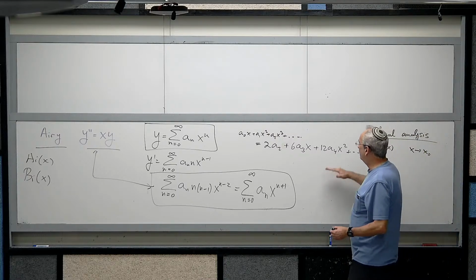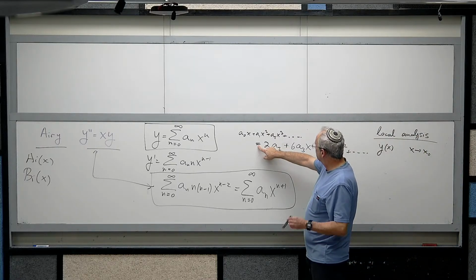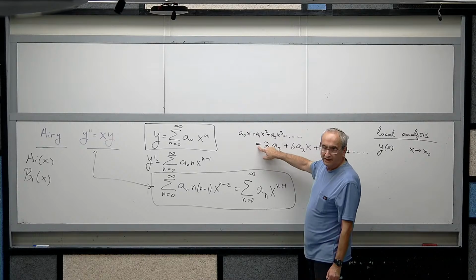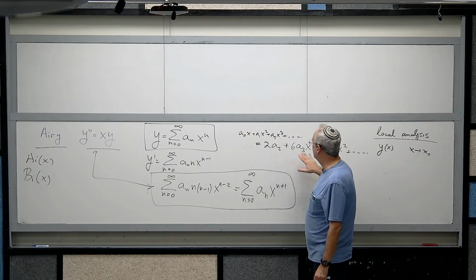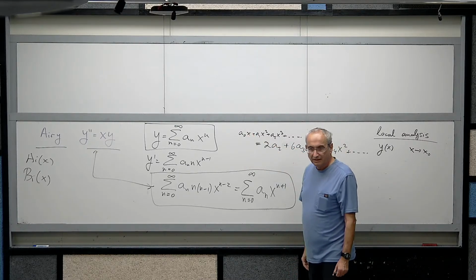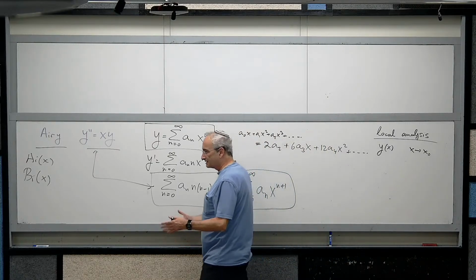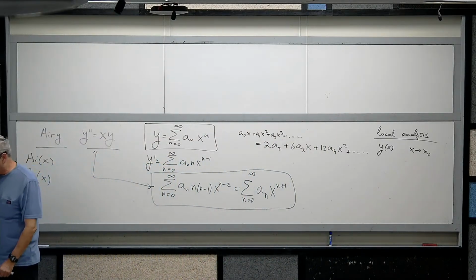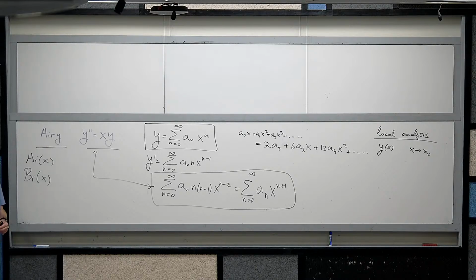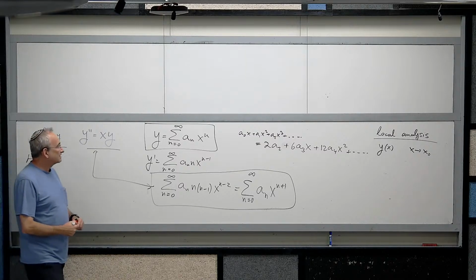Okay? Now I have a sign of equal here, which means that what's on the left is equal to what's on the right. And since this is a Taylor series, it's unique, so the terms should compensate each other separately for every power of x. Okay, so let's start.